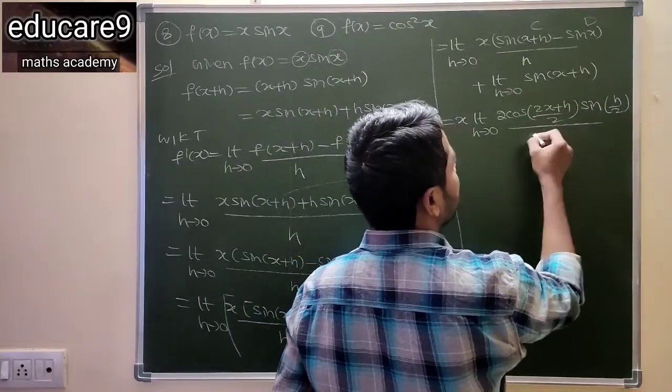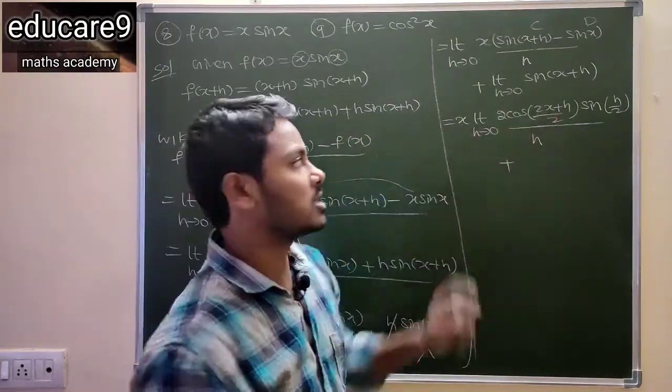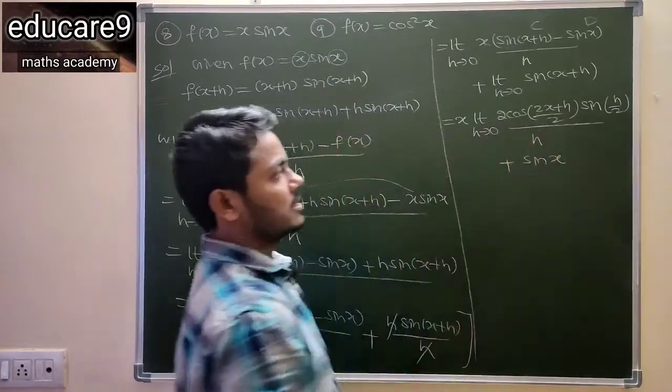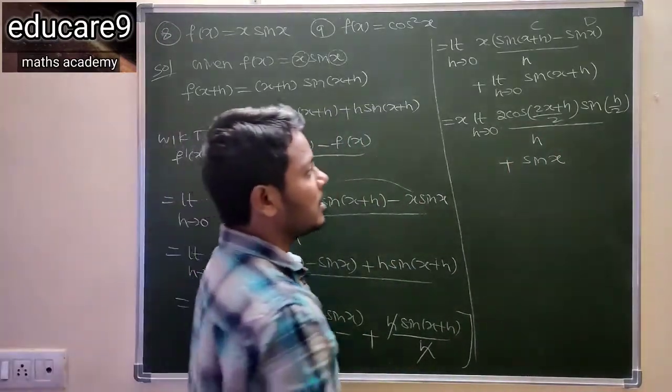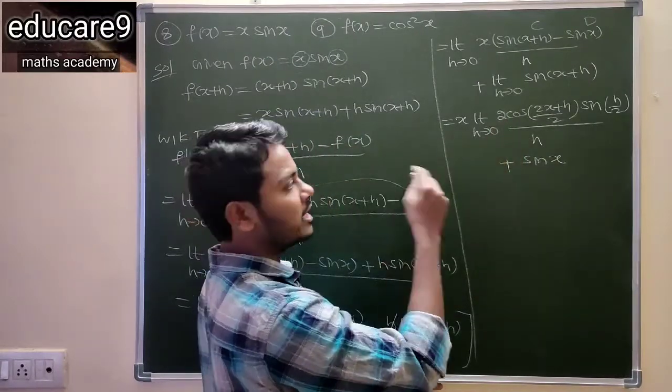So divide by h, plus, apply the limit for the second function, sin(x+h), you will get sin x. Now here 2 does not depend on the limit, so it is outside the limit.